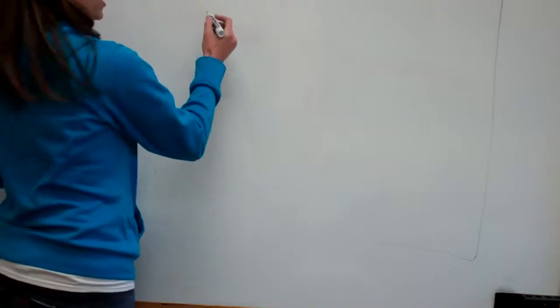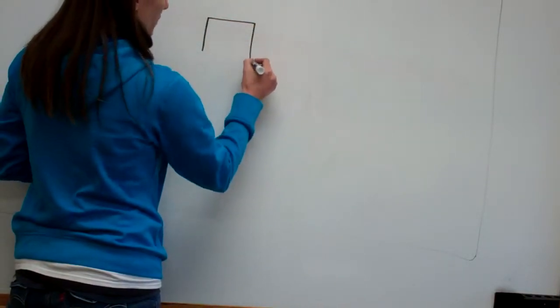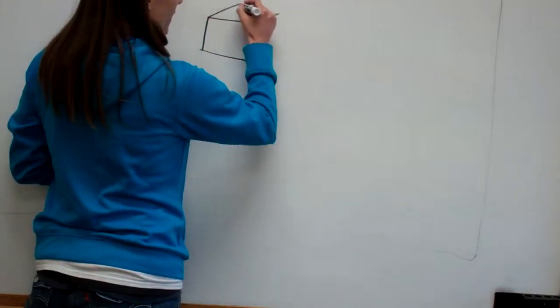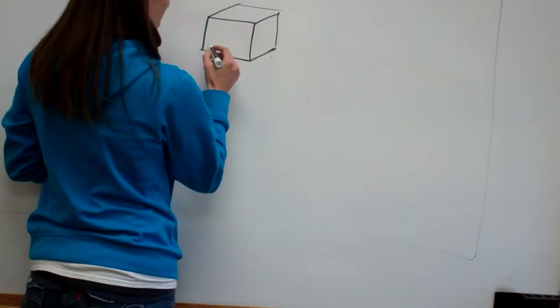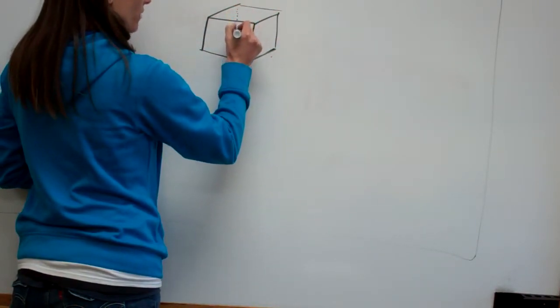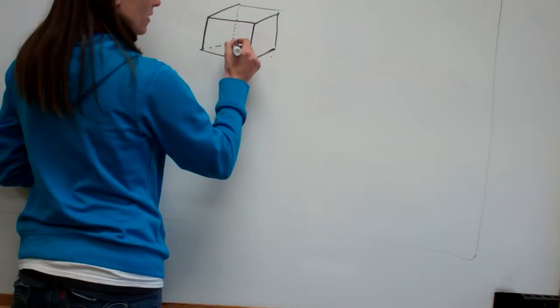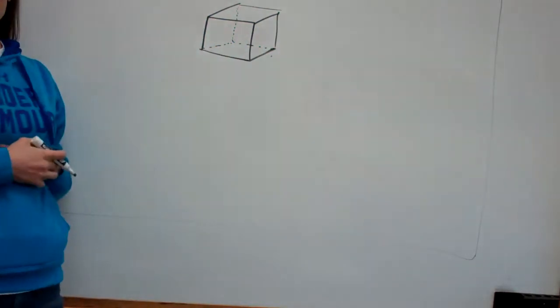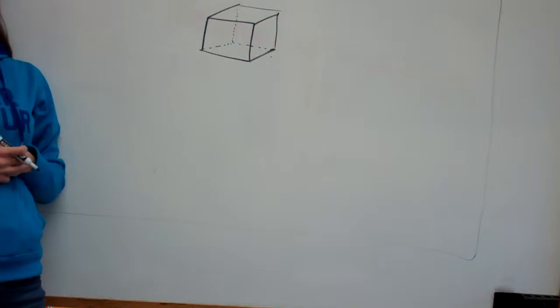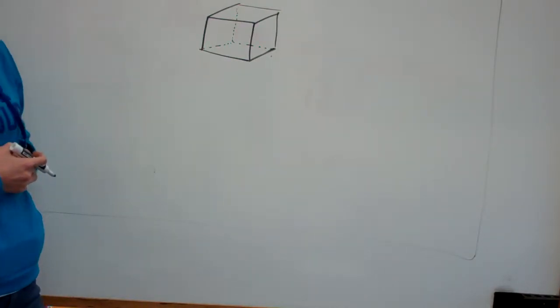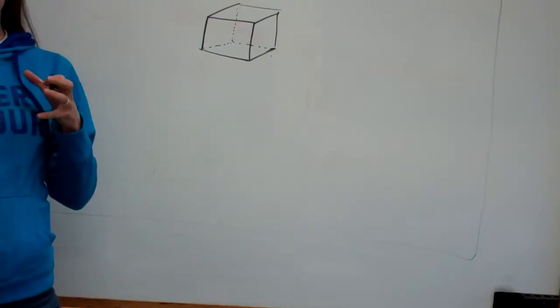It'll tell you. Let me draw a box up here and I'll show you what I mean. I'm going to draw a 3D type thing. Does everybody see that object? It looks weird. Can you tell that it's a 3D rectangular thingy?